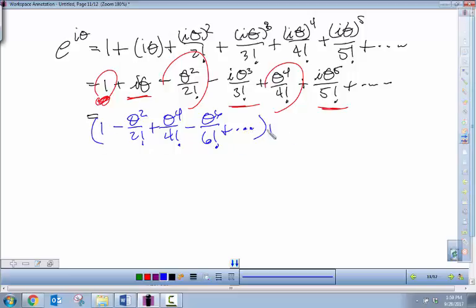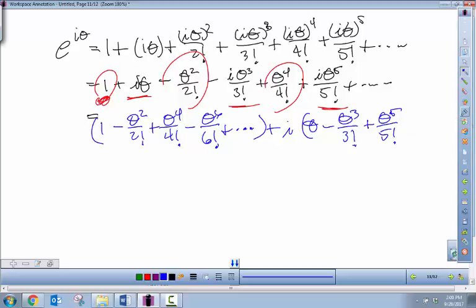And it goes on forever, right? The other terms have an i in them. So let's factor out the i, and we have theta minus theta cubed over 3 factorial plus theta to the 5th over 5 factorial. What's the next term? Minus theta to the 7th over 7 factorial.